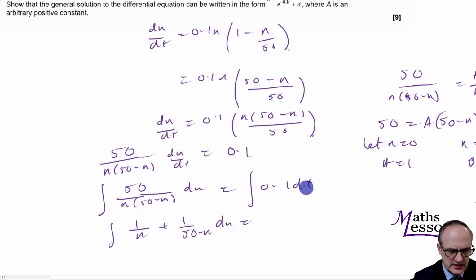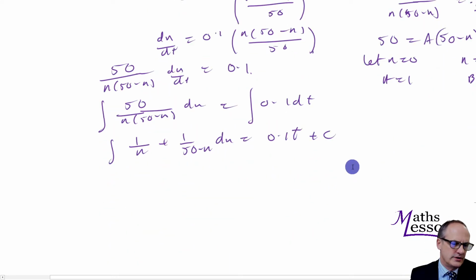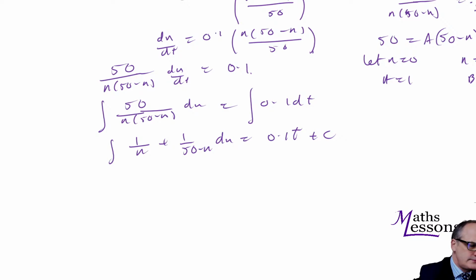I may as well integrate this while I'm here. 0.1x plus c, which is nice to see the 0.1, because we're going to get a 0.1, and it's not an x because we're in terms of t, so let's just change that to a t. The joys of using OneNote to do maths. Back in the days of paper, that would be a crossing out.